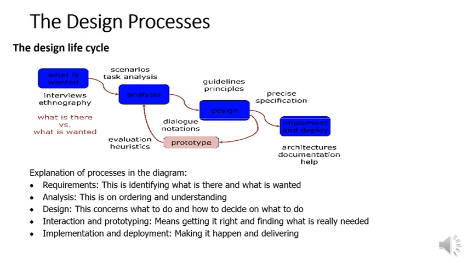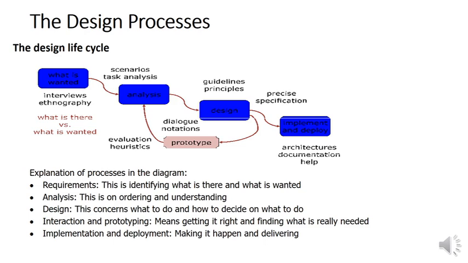What is there and what is wanted. Then scenario task analysis, meaning you will now look at the possibility of what is expected. Then you analyze all those areas that design is going to be centered on.